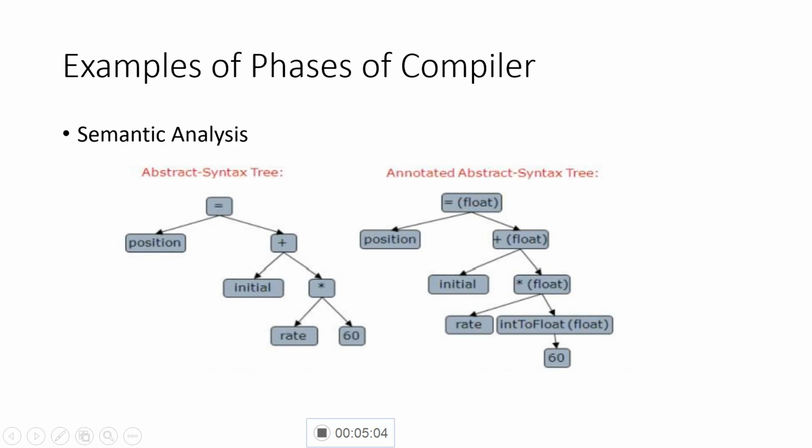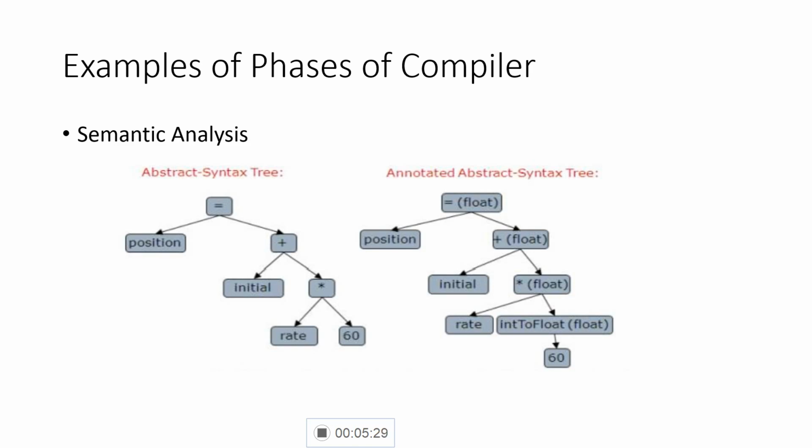After doing the addition it gives a real value, and after doing the multiplication it gives a real value. So real star 60: here the 60 is taken as an integer to float conversion, that is, a real value. The conversion of integer to float will be done under the semantic phase. That is our third phase of compiler.